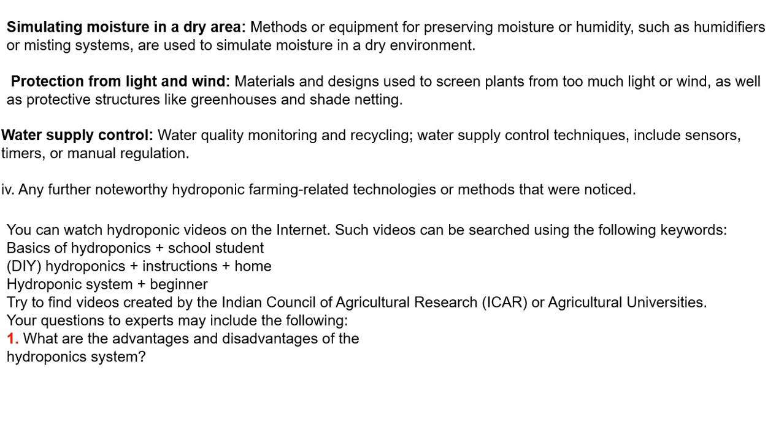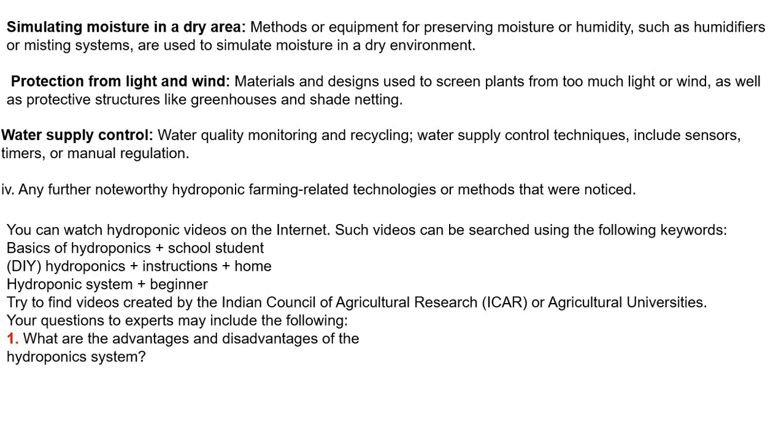Simulating moisture in a dry area. Methods or equipment for preserving moisture or humidity, such as humidifiers or misting systems, are used to simulate moisture in a dry environment. Protection from light and wind: materials and designs used to screen plants from too much light or wind, as well as protective structures like greenhouses and shade netting.